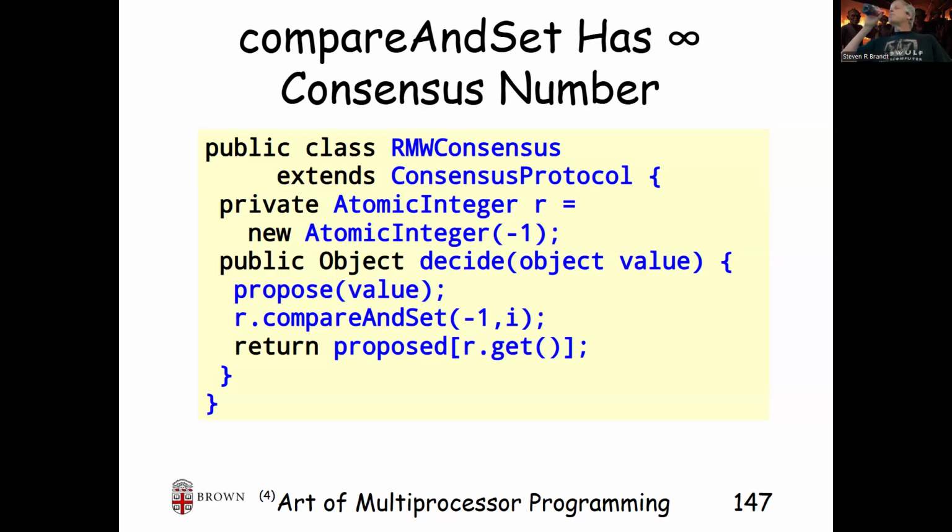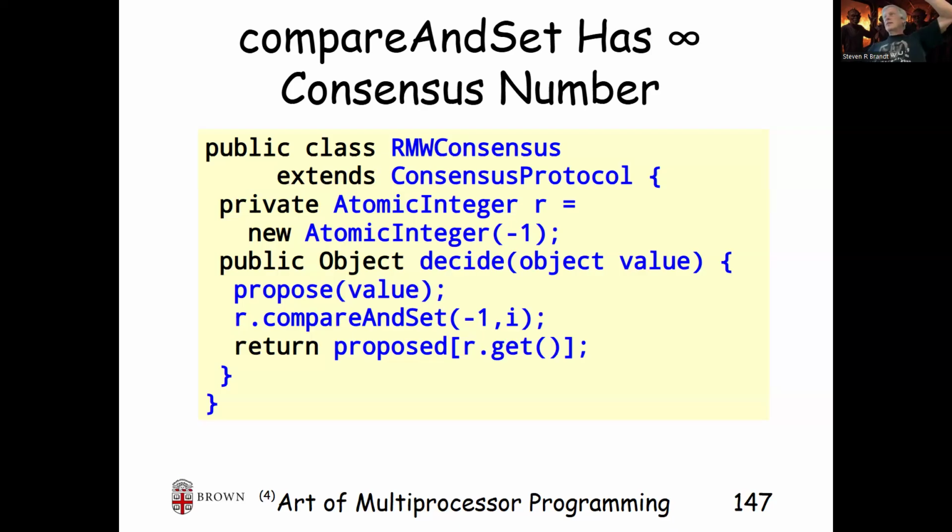Well, this is how we use it to solve consensus. We're going to have a number of different uses for it, but it's kind of interesting. You as computer scientists learn about the Turing machine, right? You've got this head that moves on a tape.